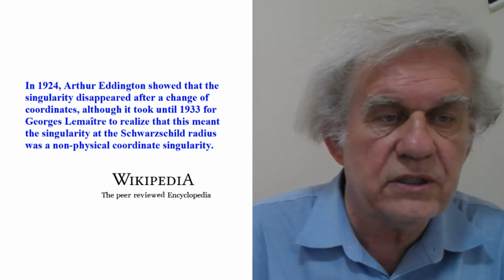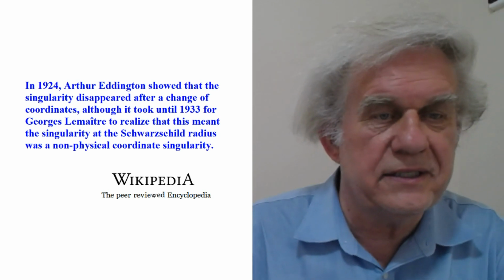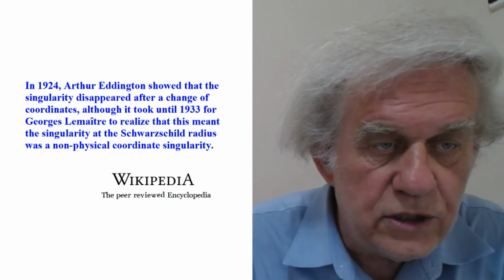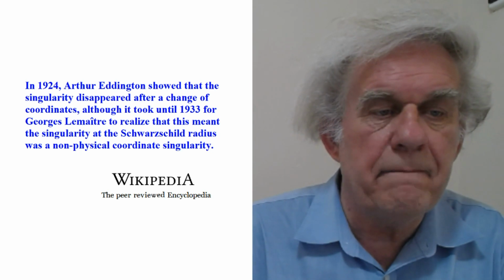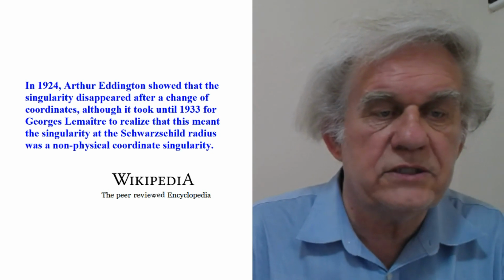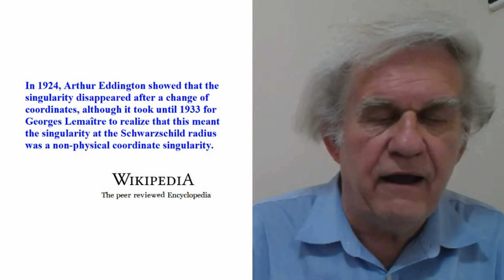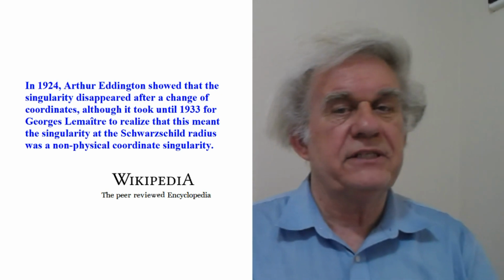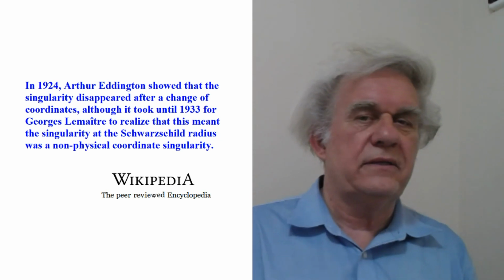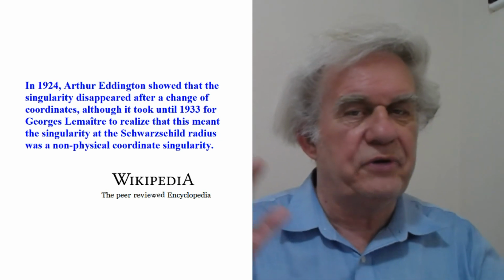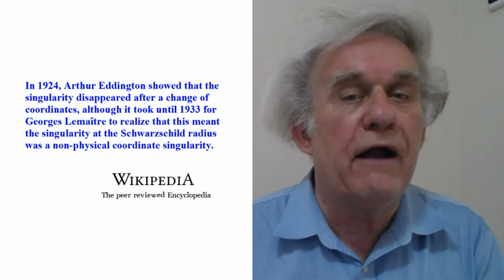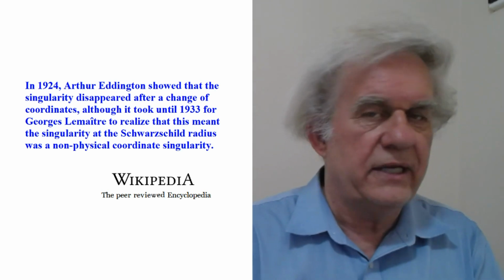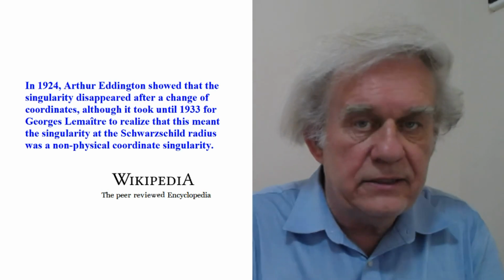Okay, although it took until 1933, listen to this, for George Lemaitre to realize that this meant that the singularity at the Schwarzschild radius was a non-physical coordinate singularity. So they have this star, they were shrinking a star, but then they turn it into a non-physical coordinate system, where they say it disappears, whatever that means.